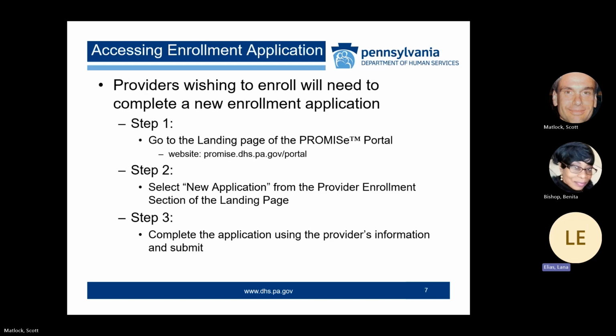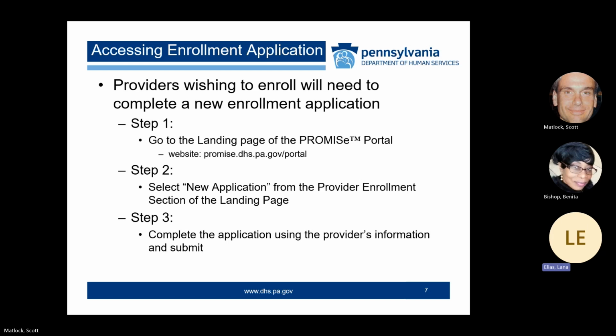Accessing the enrollment application, so providers wishing to enroll will need to complete a new enrollment application. In order to do that, you need to go to the landing page of the Promise portal. The website address is listed there on the screen.